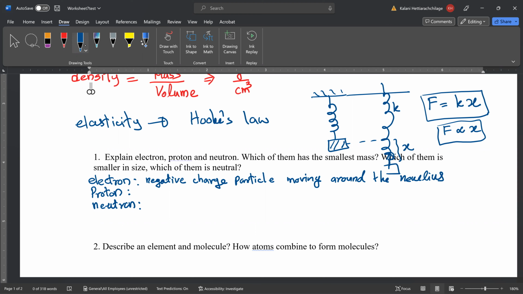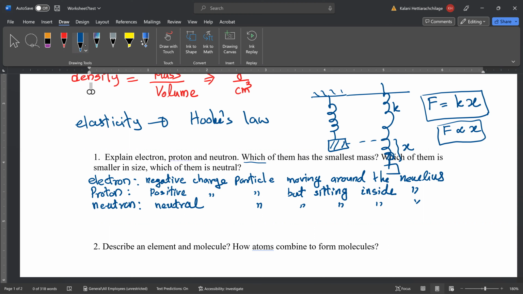Proton is a positive charged particle, but sitting inside the nucleus. Neutron is a neutral particle. Neutral means no charge. Neutral particle, but sitting inside the nucleus. Okay, that's my definition in words.